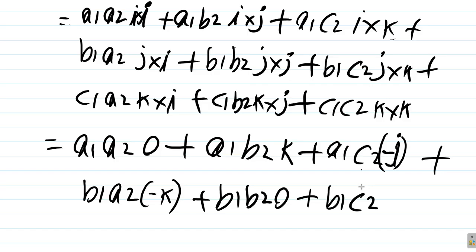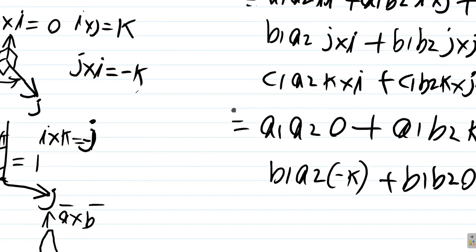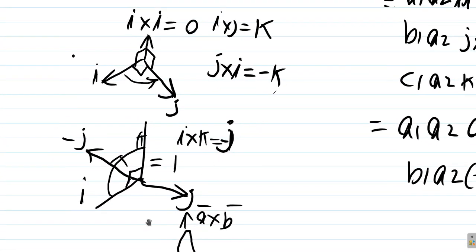What's happening at B1C2? J cross K. Alright, so if you have J cross K, making a half a fist, turning it from J to K, well, seems like you'd have to point your thumb towards your lower left, which is I. Is in the same direction as I. Right?